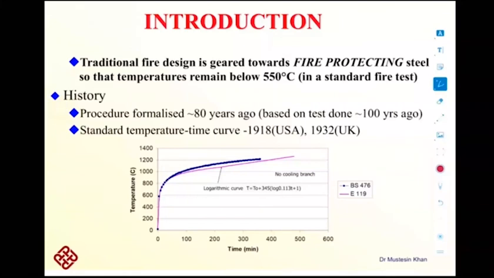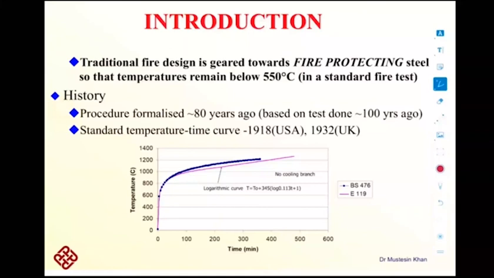And if it is below 550, then they consider that the structure is safe. So this is the approach they are using, and it does not represent any magnitude of stress coming because of fire. It is not showing by what amount the capacity of the structure is reduced. So it is not representing anything in practice.